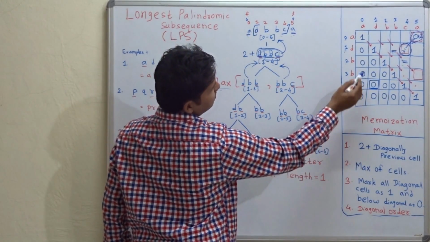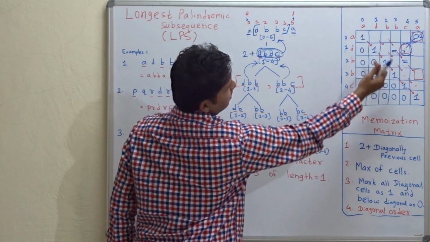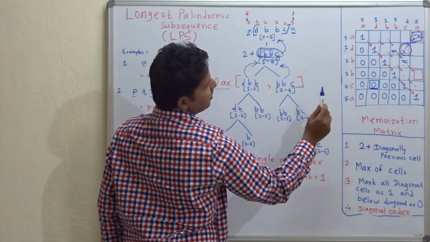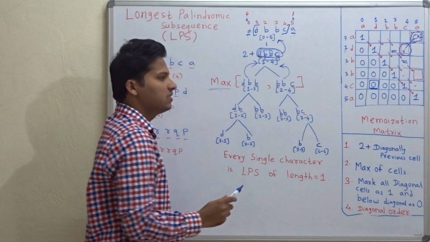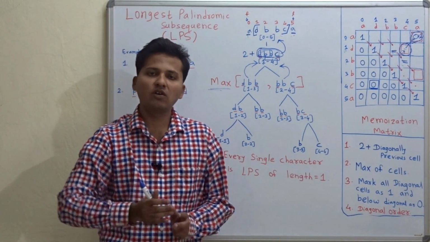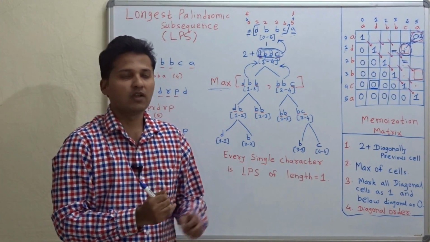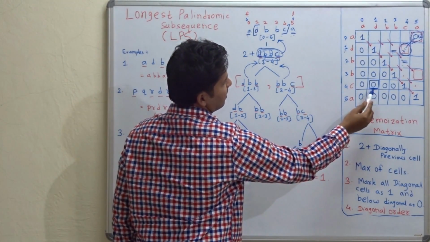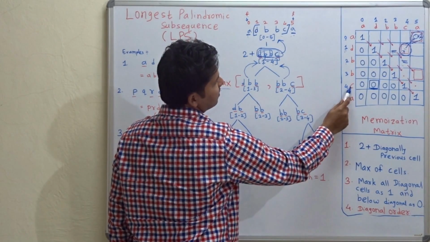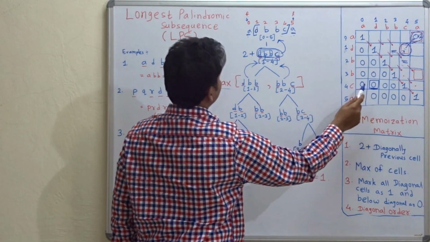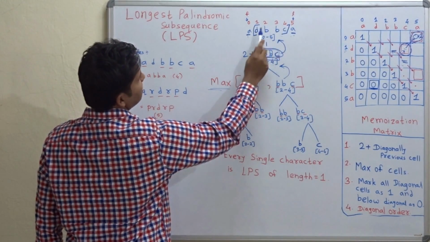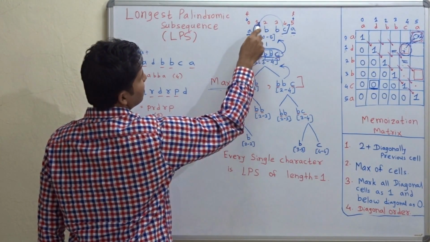All these elements below this diagonal are represented as 0 because these elements represent the string or a substring in reverse order. For example, this cell represents the string from C to D. So we can see here from C to D, this goes in reverse order.